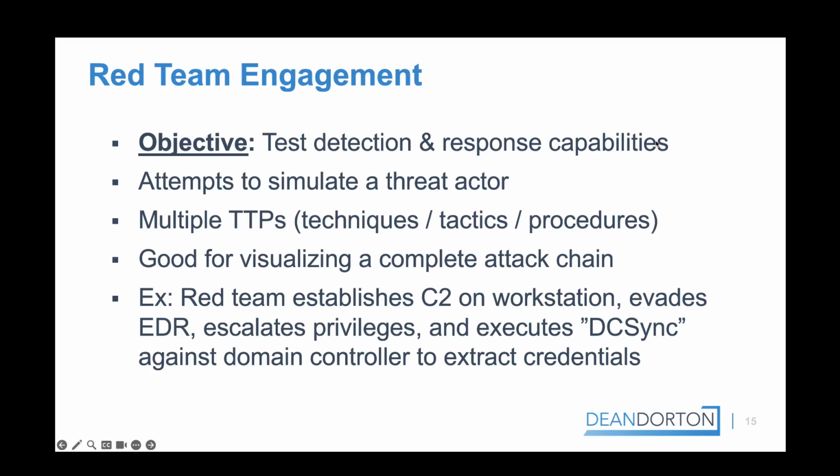Then there'll probably be some element of evading EDR, evading different security controls that they have to jump through to make sure that the attack doesn't get stopped. Then they escalate privileges, and ultimately maybe they extract credentials from a domain controller using something called a DC sync attack. So you've got, again, multiple steps in this process and a whole attack chain that we're looking at.